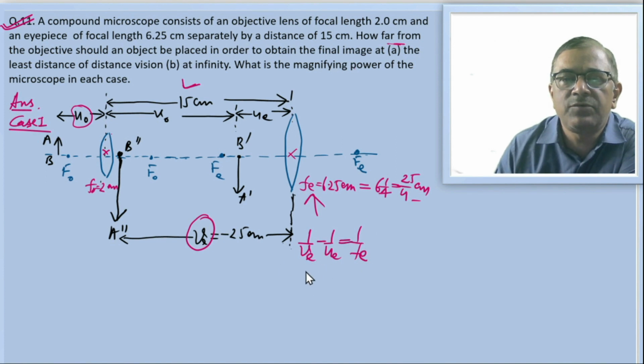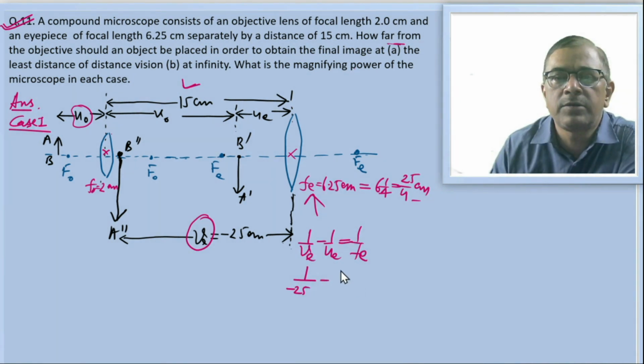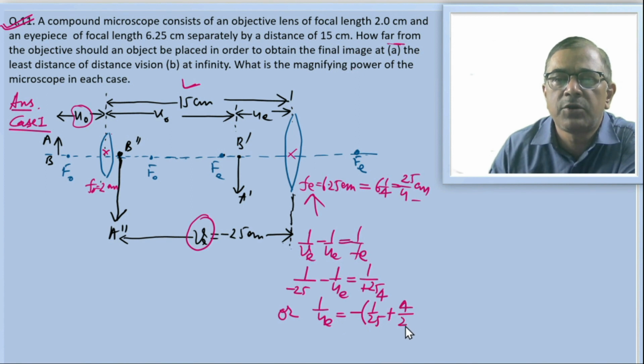Substitute all these values. VE is minus 25 centimeter, and UE is to be found, and this is equal to 1 by plus 25 by 4, or this is equal to 1 by UE equals minus 1 by 25 plus 4 by 25.